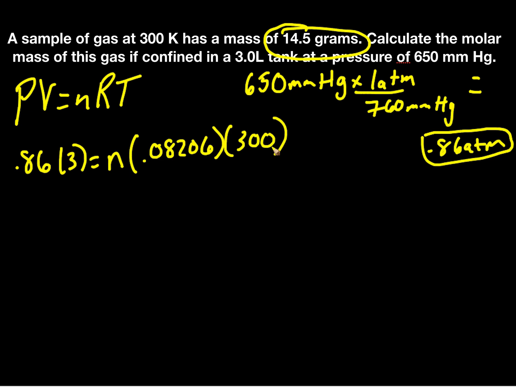So 0.86 times 3, we get 2.58 equals 0.08206 times 300, and we get 24.62 n.